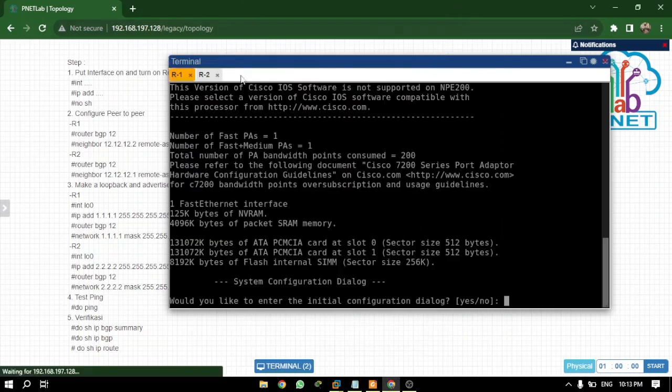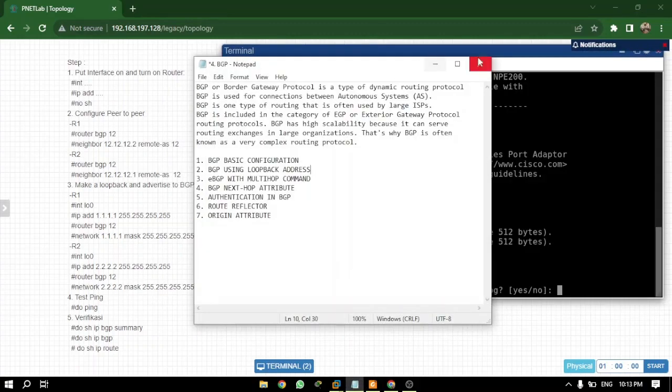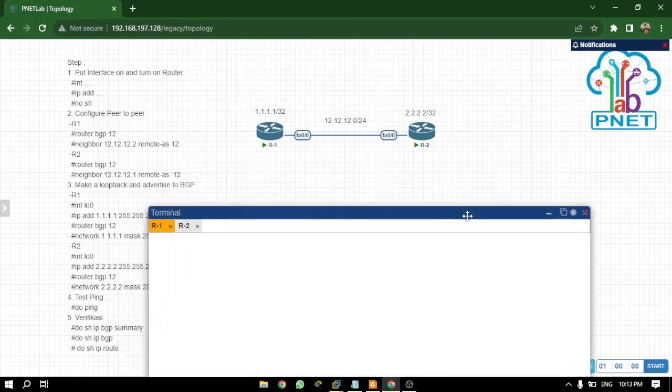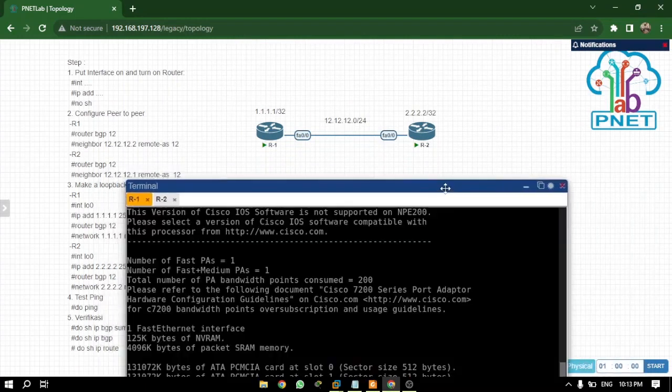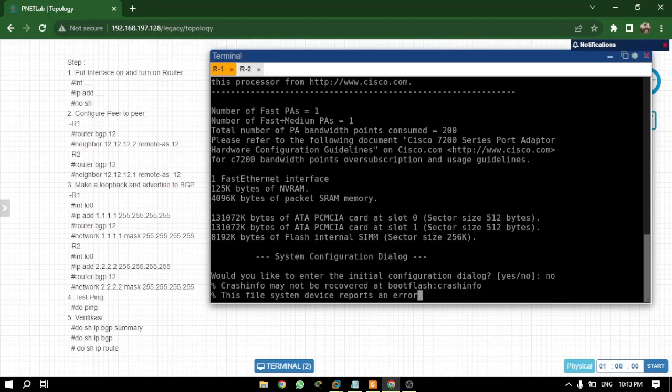Okay, let's start to configure BGP basic configuration. You must put the routers, for example, I put here just two routers.